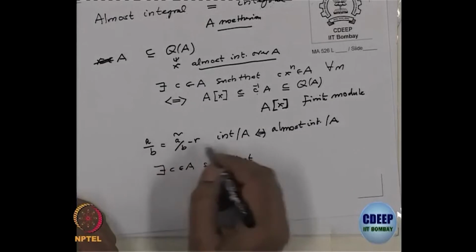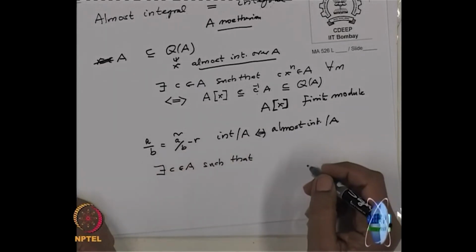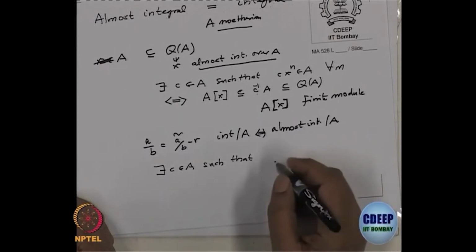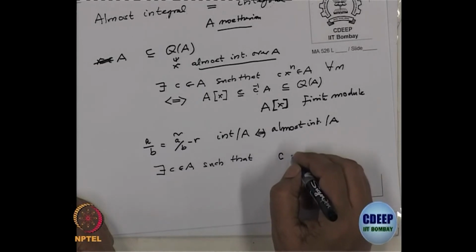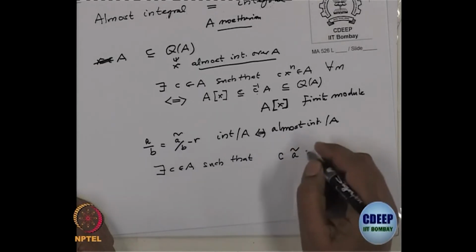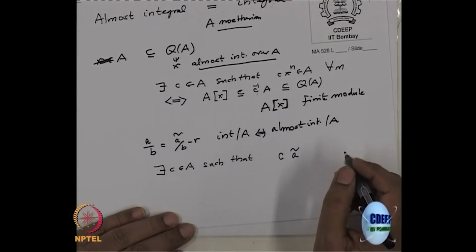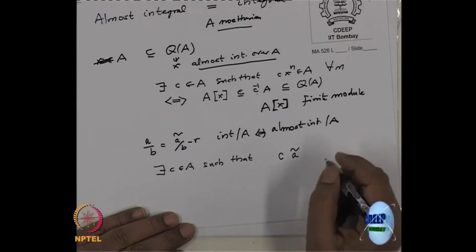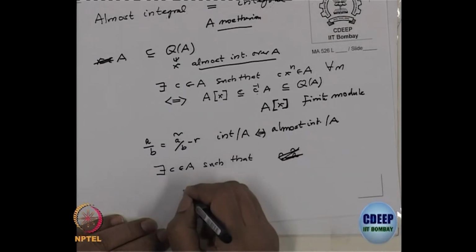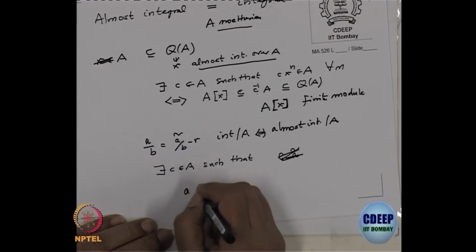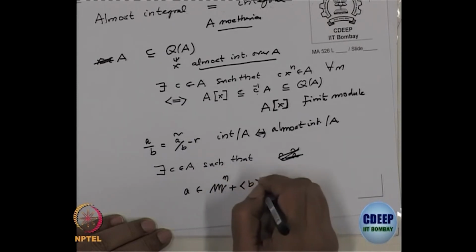This will mean that there exists a c such that c times a tilde. So from here I wanted to prove that, see, what is it that we want to prove? We want to prove this equation, a belonging to m^(n+b). This is what we are heading to prove.